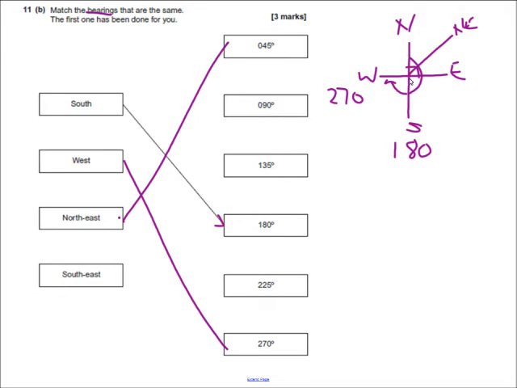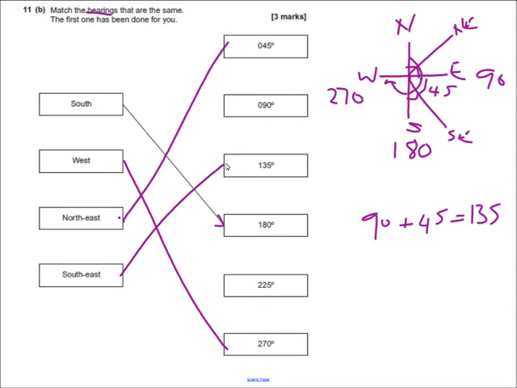Well, southeast is between south and east in this general direction, and it's 45 degrees less than 180, or the other way to do it is add 45 degrees to the 90 for east. So 90 plus 45 would be 135 degrees. So southeast is mapped with 135 degrees. And for this, there are 3 marks.